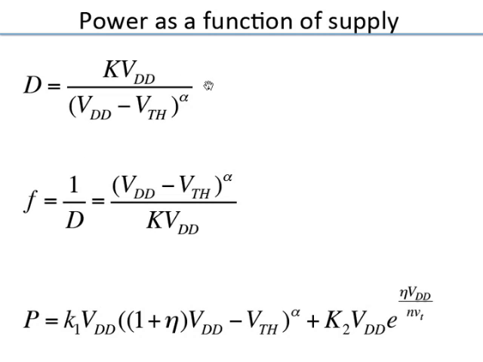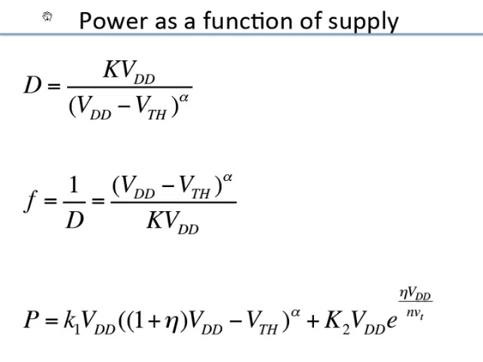Inspired by that, we have this equation. The delay of a chip is essentially the max of the delay of all the paths. So you look at the critical path, which is a sequence of gates, with a number of capacitors charging and discharging.